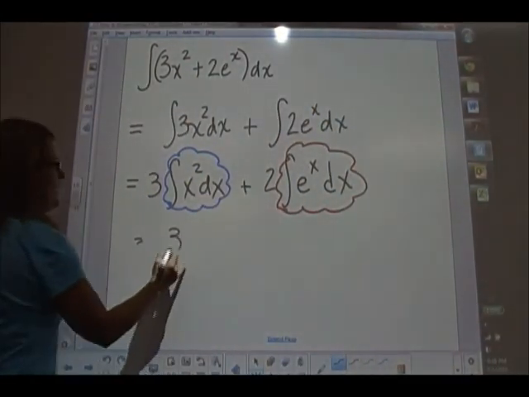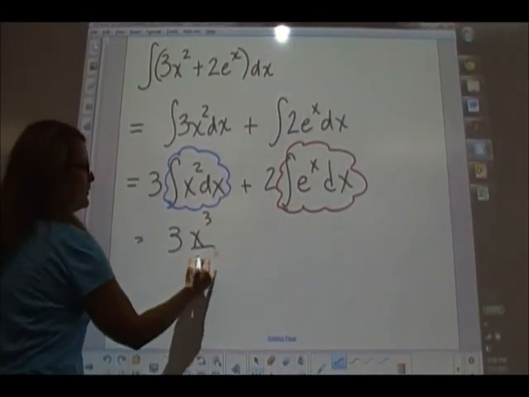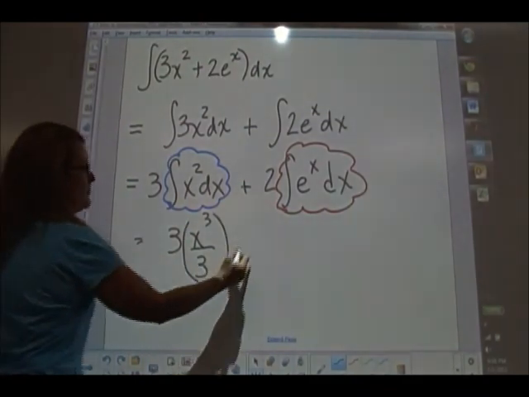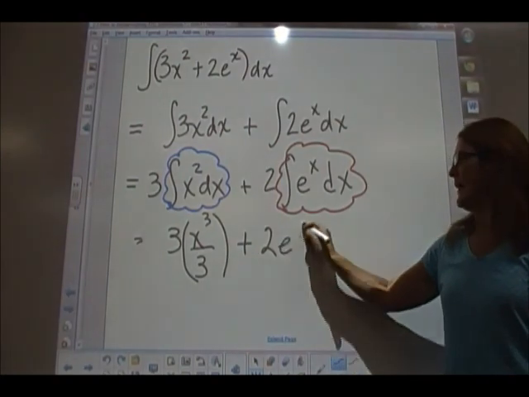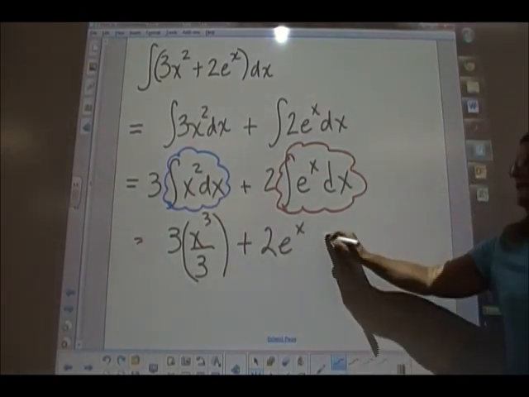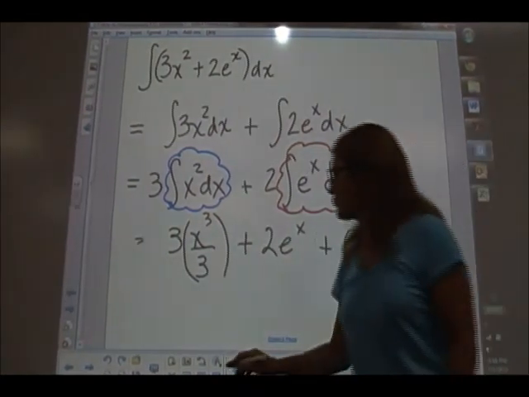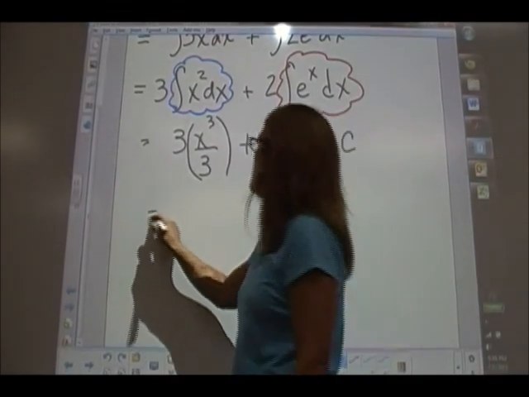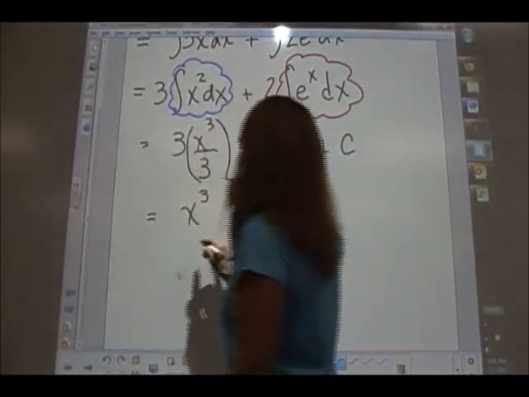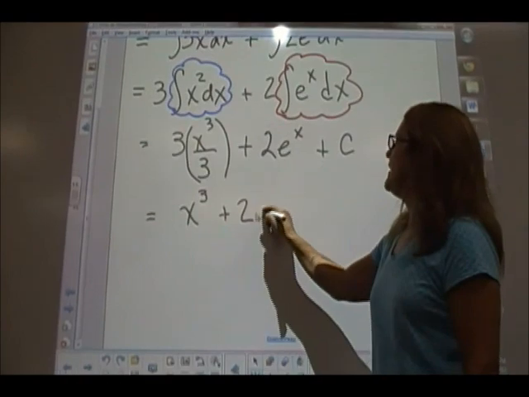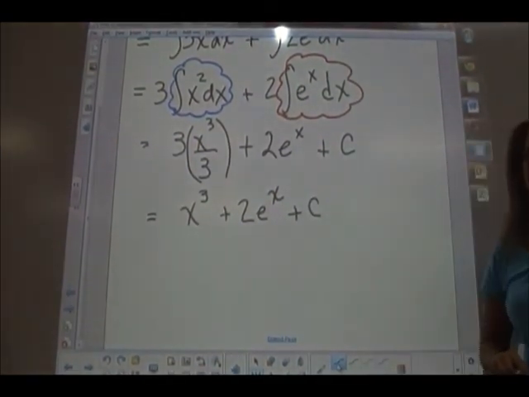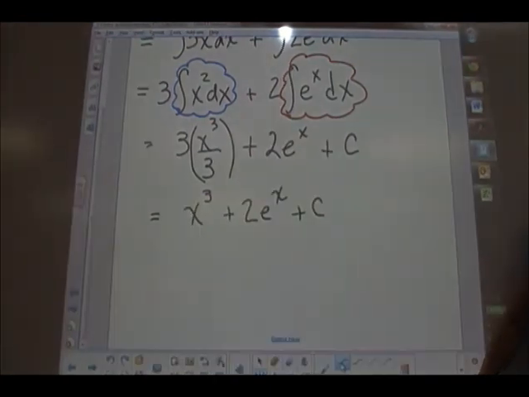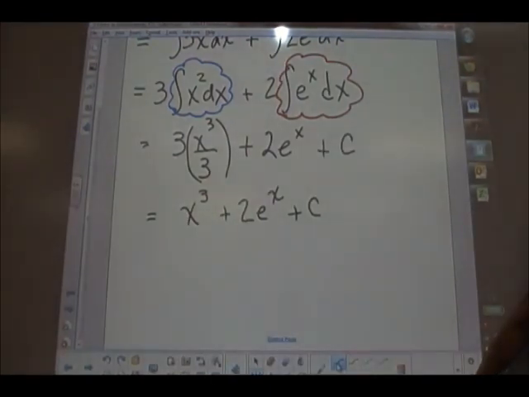So I've got 3x cubed over 3 plus 2 times e to the x. And what else? Yay, plus C. The derivative of any constant is 0. So in its simplest form, our antiderivative is x cubed plus 2e to the x plus C. Do you notice when I dropped the integral symbol?